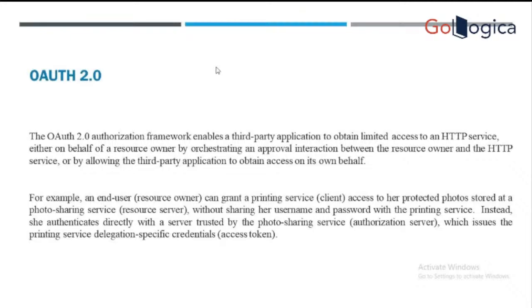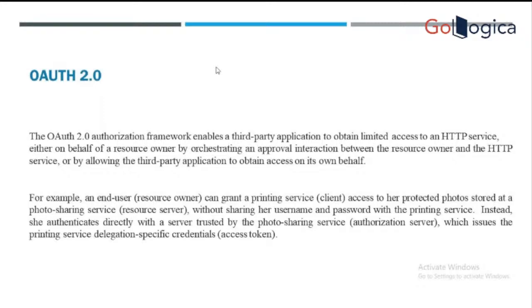Okay, so OAuth 2.0 basically means 2.0 is a version of OAuth. OAuth is an authorization framework which enables third-party applications, like SAP, Salesforce, ServiceNow, Zoom, whatever the application is, to obtain limited access to HTTP services.